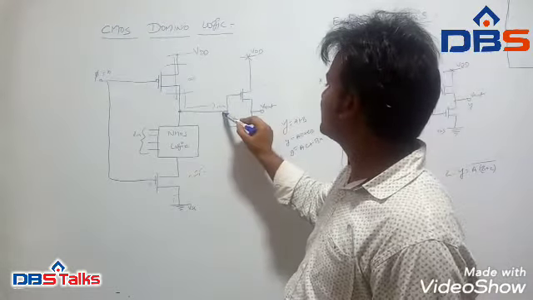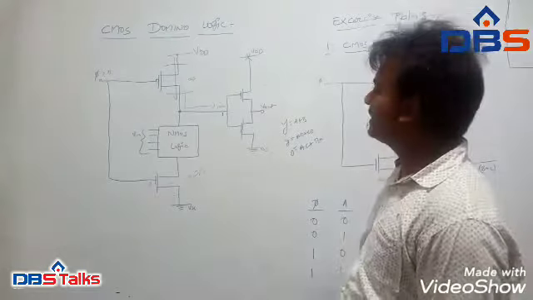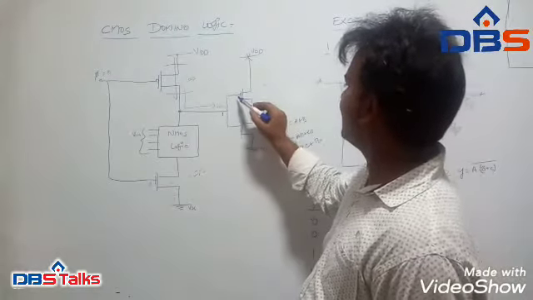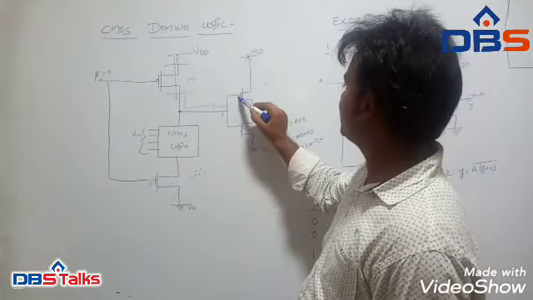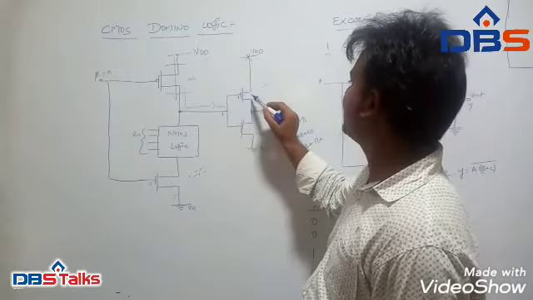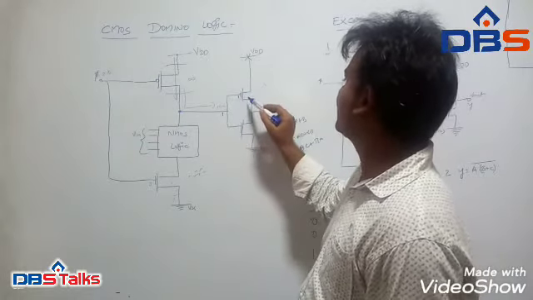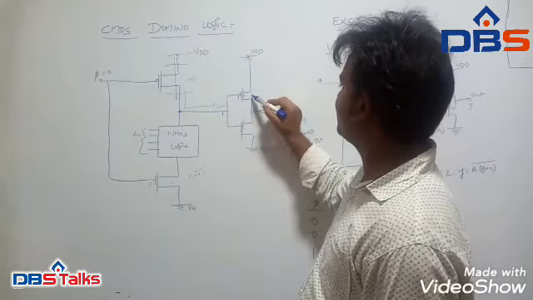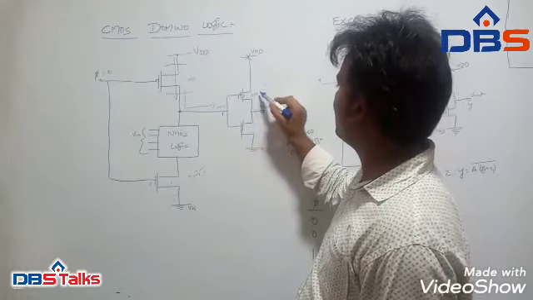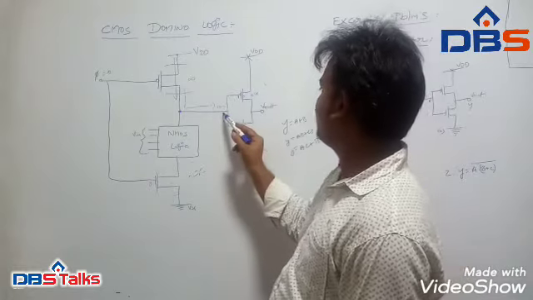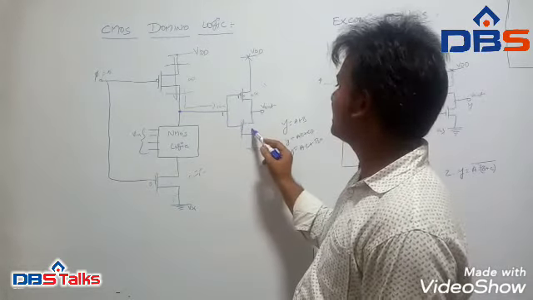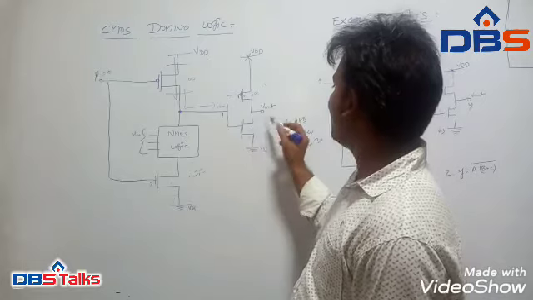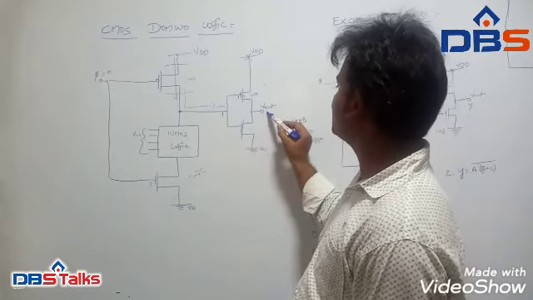If the input is high, the inverter's PMOS will be off, and the NMOS transistor will be on, and the output is equal to 0.